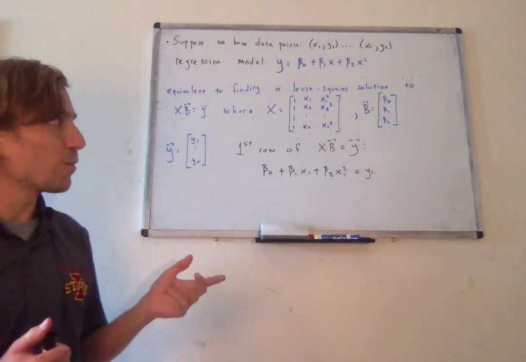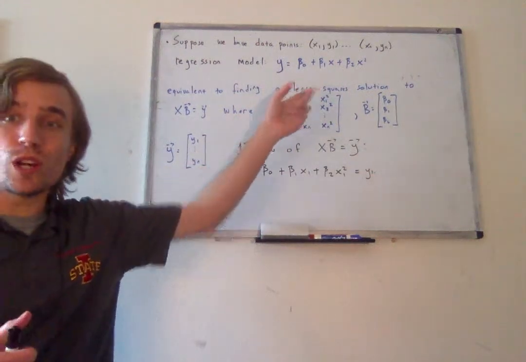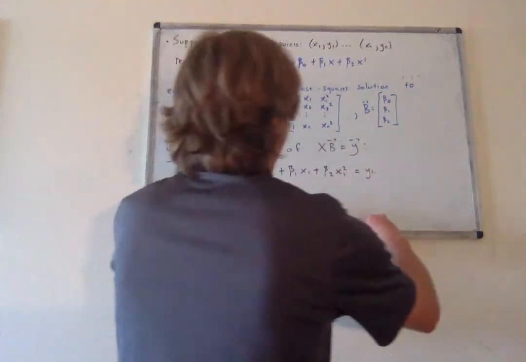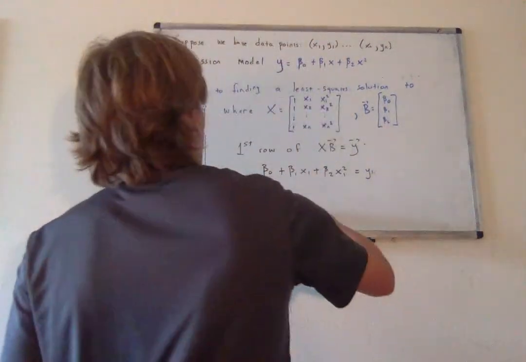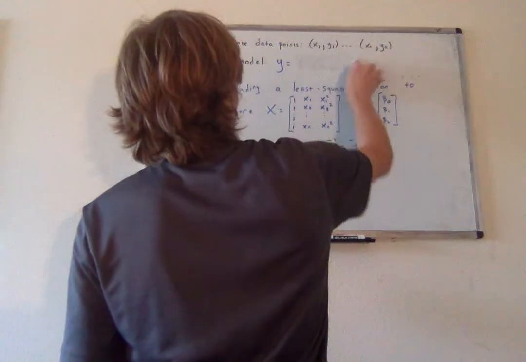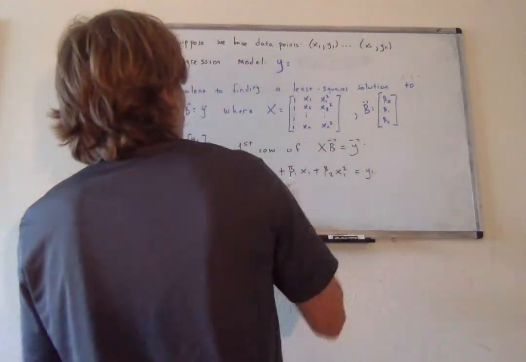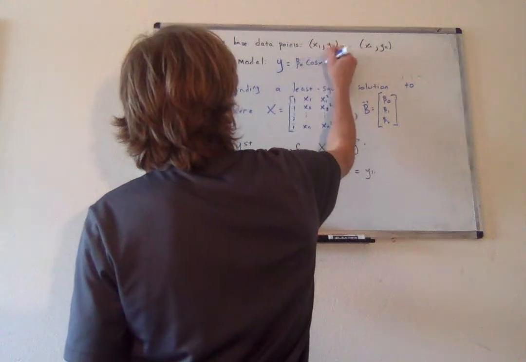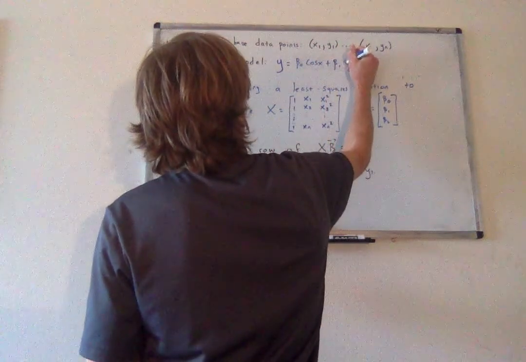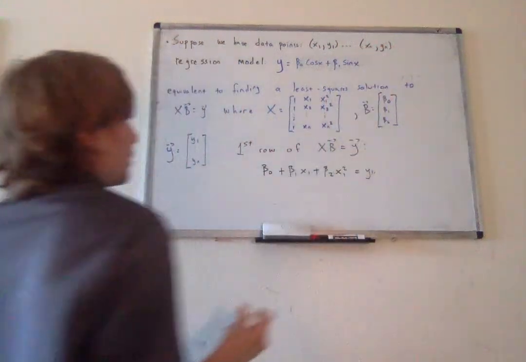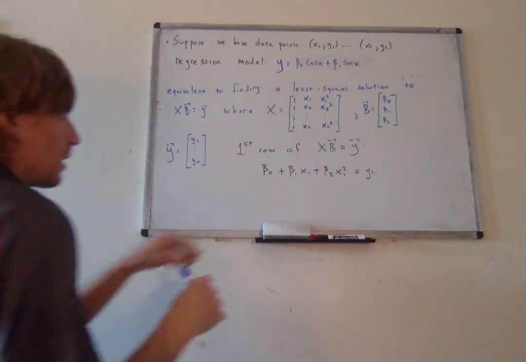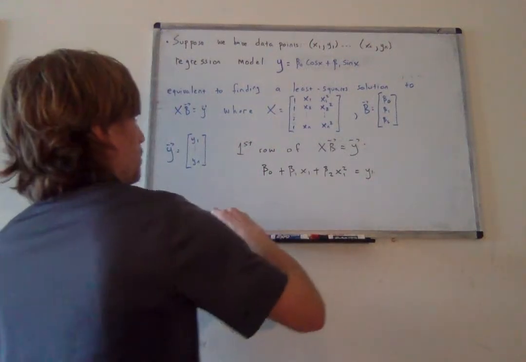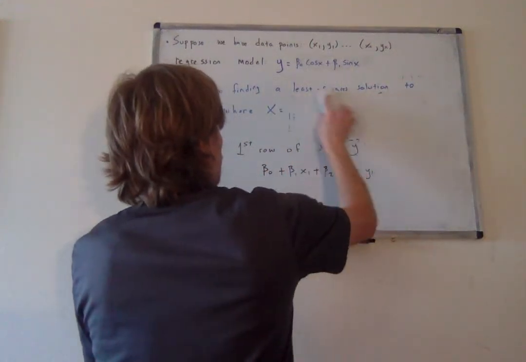So certainly we could do it with a quadratic model like this. Your book actually has an example that I think is really awesome. You could even do it with a model like beta naught cosine of x plus beta 1 sine of x, right? And all you have to do is just update your X and your beta matrix.